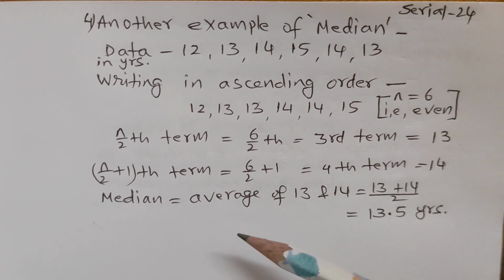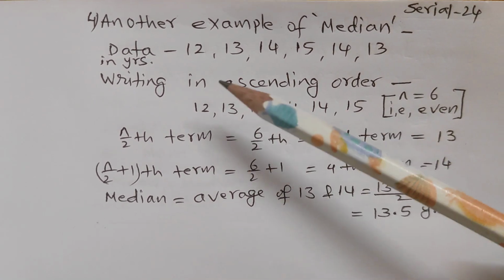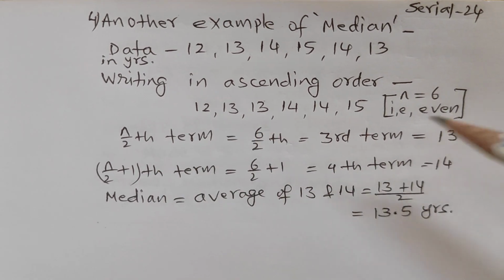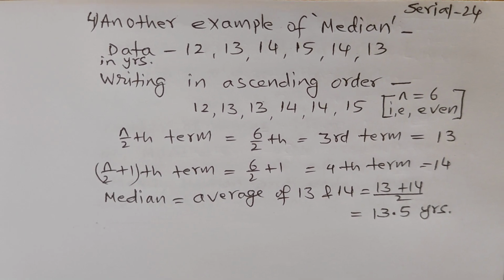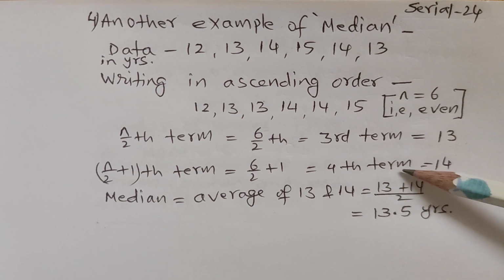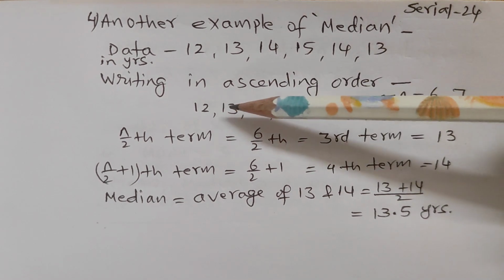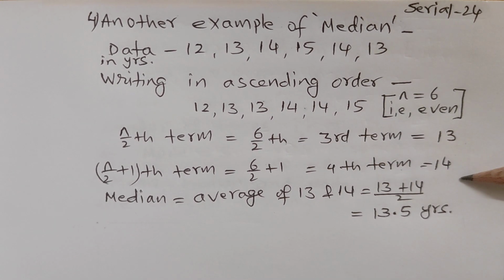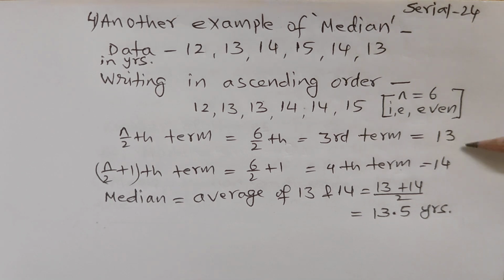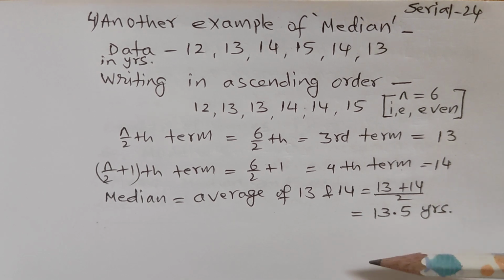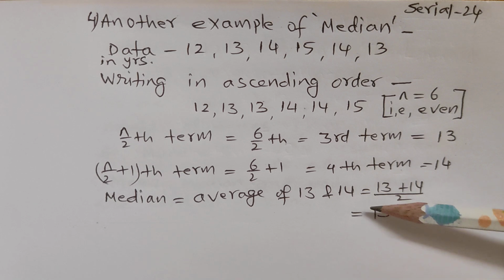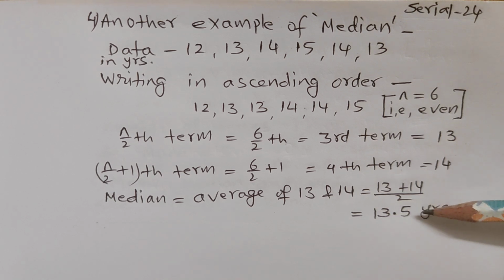Now n by 2 plus 1: n by 2 is 6 by 2, that is 3, and plus 1 is 4. So this is the fourth term, and the fourth term is 14 over here. 1, 2, 3, 4, that is 14. So we have got two values here, 13 and 14. Median is the average of 13 and 14, which comes to 13 plus 14 by 2, 13.5 years.